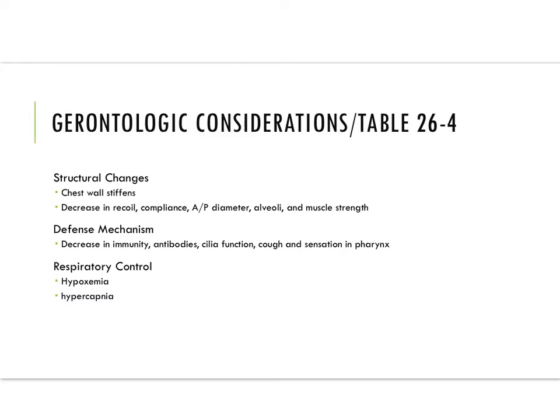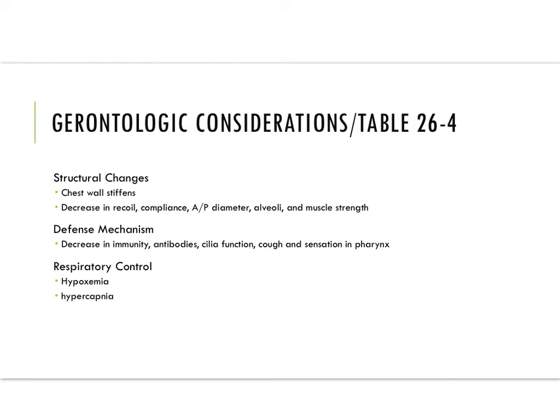What does this lead to? It means that we have some change in appearance. They're more likely to look barrel chest, have a change in the appearance of their back, not be able to breathe as deeply, have thicker mucus, just decreased breath sounds, especially in the bases.